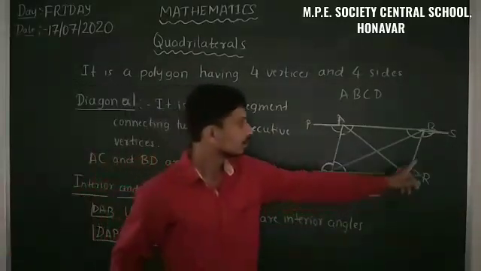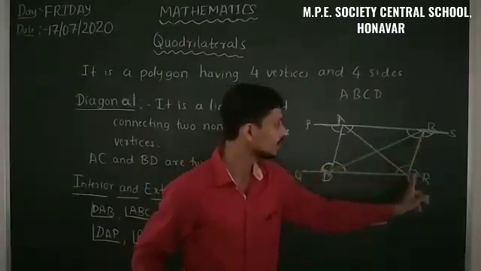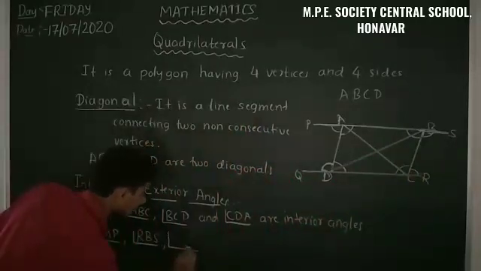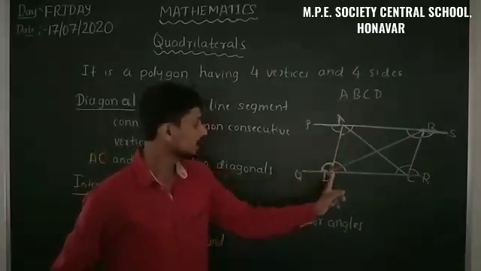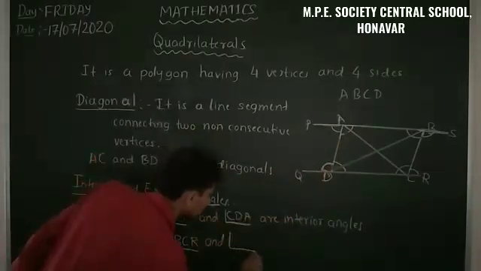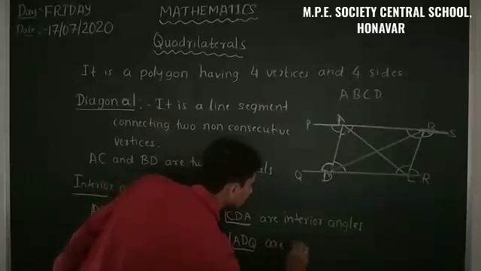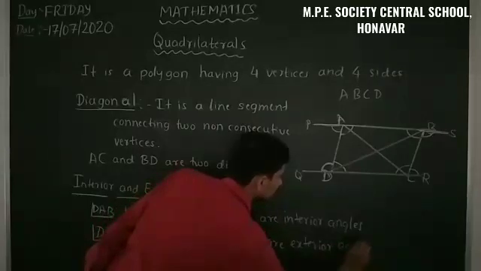Then here we take BCR. BCR is the exterior angle. Angle BCR is the angle. And finally here ADQ is the exterior angle. ADQ are exterior angles.